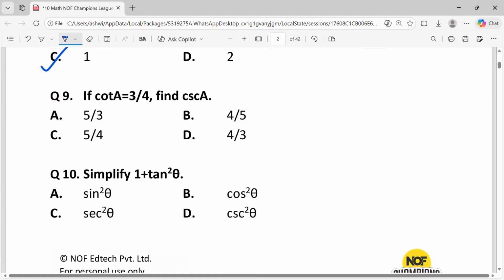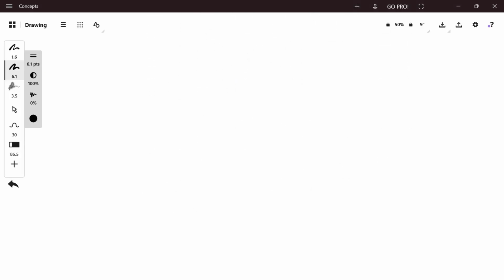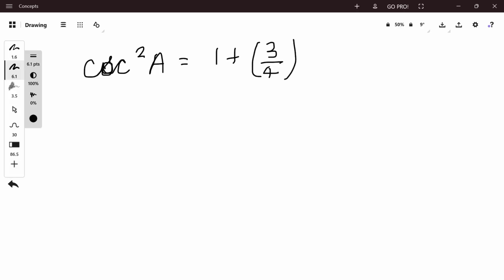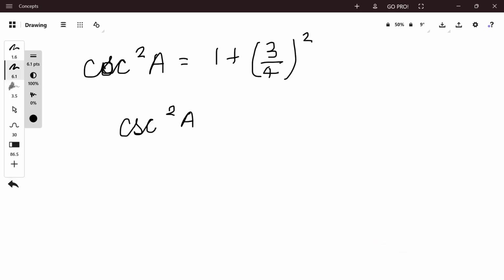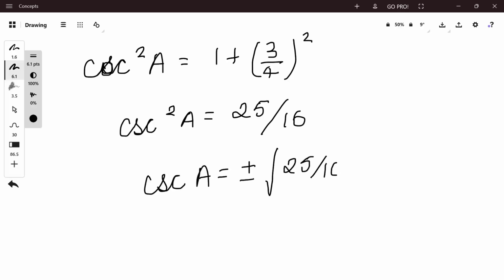If cot A is equal to 3 by 4, find cosec A. Using the trigonometric identity, cosec square A is equal to 1 plus cot square A. Given that cot A is equal to 3 by 4, that is cosec square A is equal to 1 plus (3 by 4) whole square, that is cosec square A is equal to 25 by 16, that is cosec A is equal to plus minus root 25 by 16, that is equal to plus minus 5 by 4.